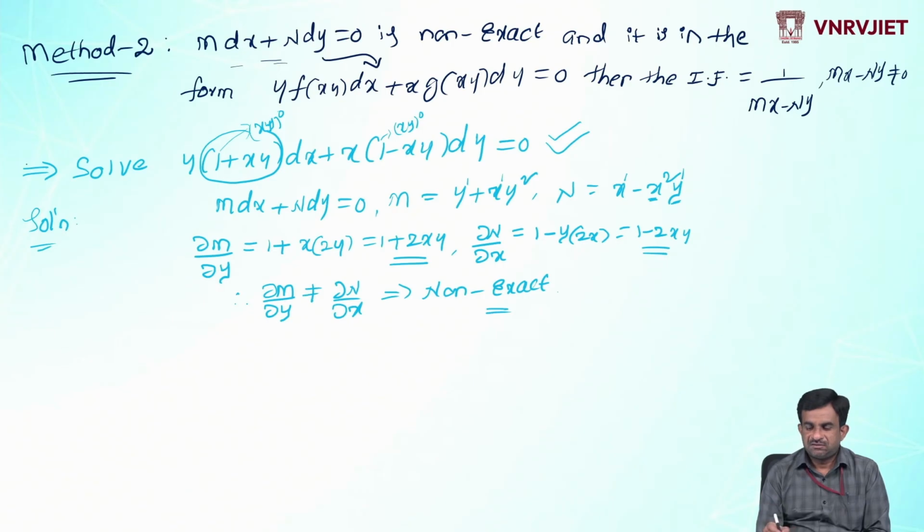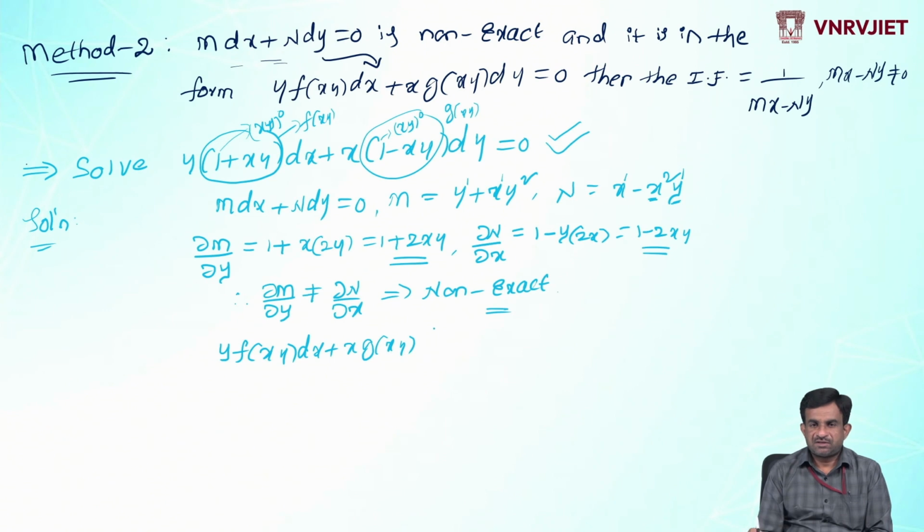So completely, this 1 plus xy is in the form f of xy, and this is in the form g of xy. So therefore the above differential equation is in the form y into f of xy dx plus x into g of xy dy equal to 0.